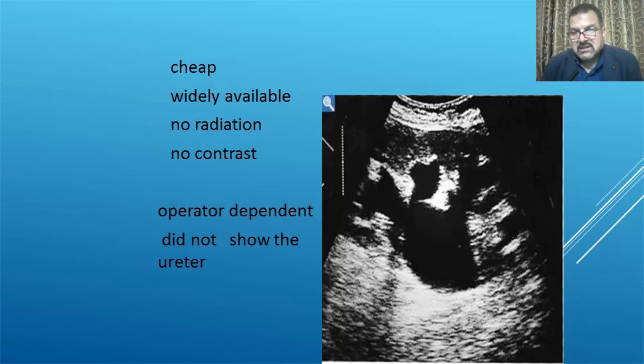But you can see the kidneys, and if you find hydronephrosis, dilatation of the pelvicalyceal system in the kidney, that gives you an idea that there is an obstruction distal to the kidney, in the ureter I mean. But the good thing is that it is cheap, as I told you, widely available, no radiation, and you can use it in children and in pregnant ladies with no problem.